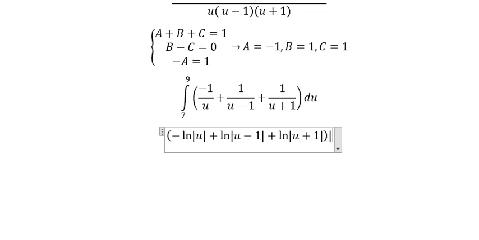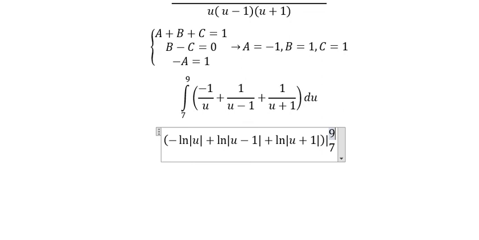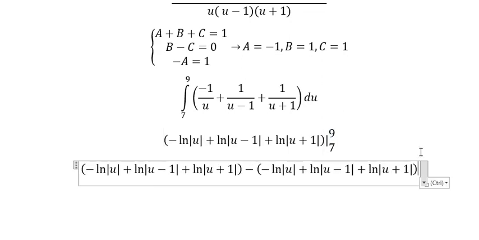And then we put the bounds from 7 to 9. And now we have the final answer.